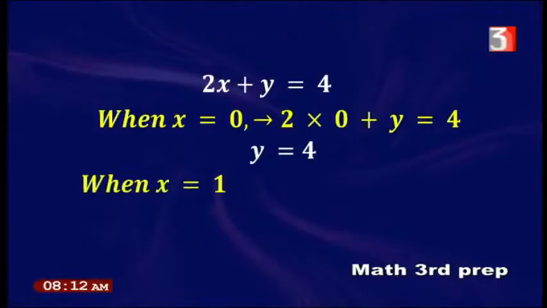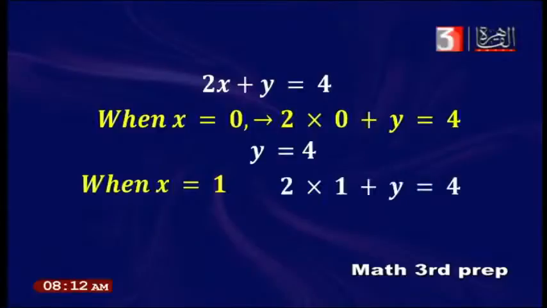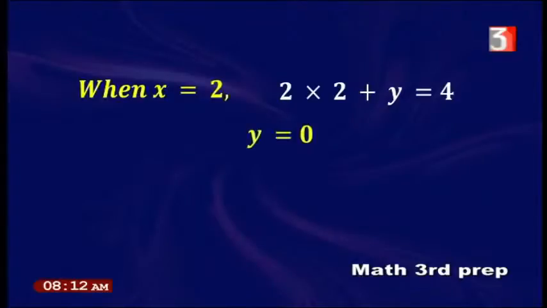Then when x equals 1, by substituting, 2 times 1 plus y equals 4, then y is going to be equal 2. And finally, when x equals 2, so 2 times 2 plus y equals 4, and by substituting, you are going to find that the value of y equals 0.